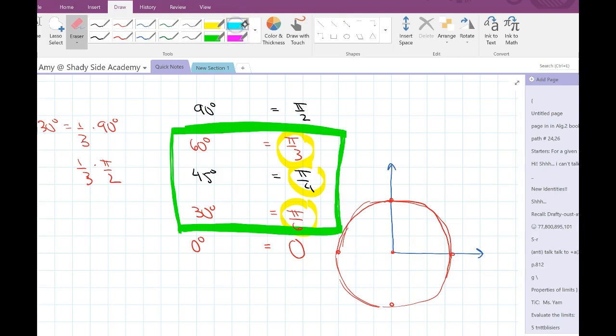Here's my question. This radius length, it's 3. That's interesting. So if 90 degrees is pi over 2 radians, and pi over 2 is roughly 3.14 over 2, or roughly 3 over 2, or roughly 1.5, what this tells me is that in this intercepted arc, there should be about 1.5 radius lengths.